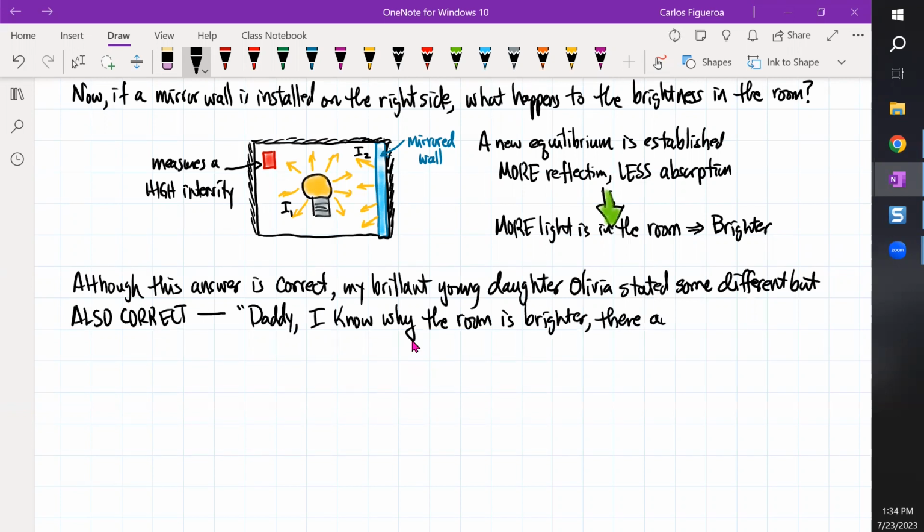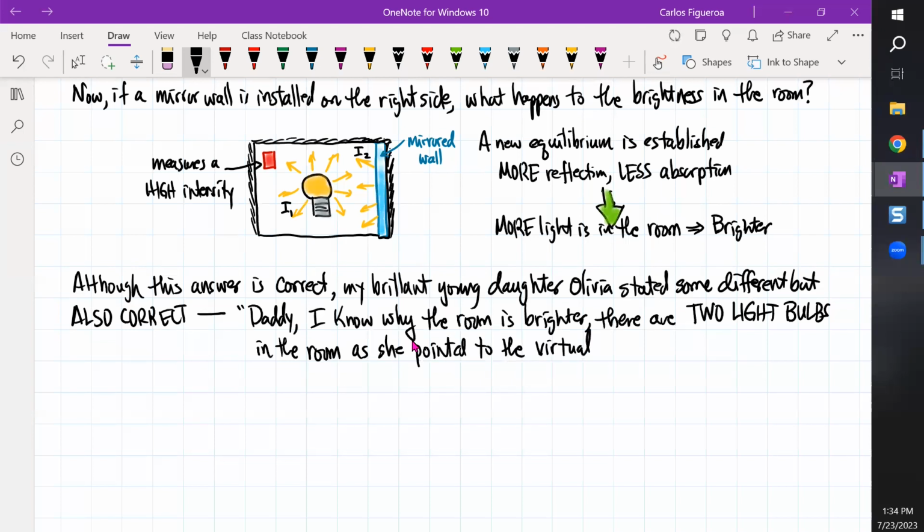There are 2 light bulbs in the room, as she pointed to the virtual image of the bulb in the mirror. And she was correct.